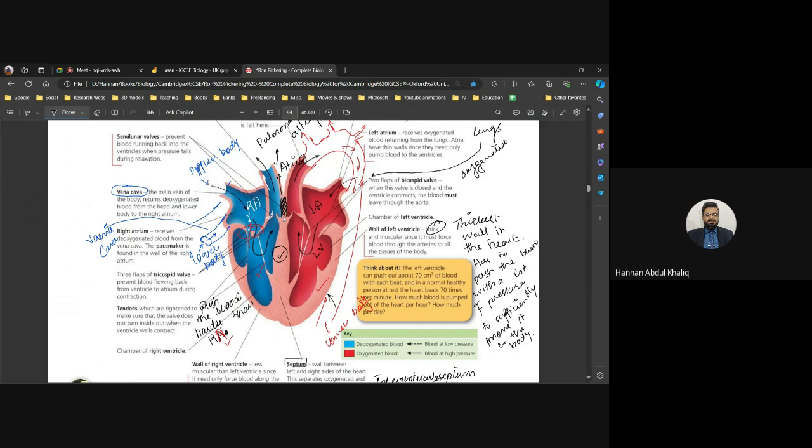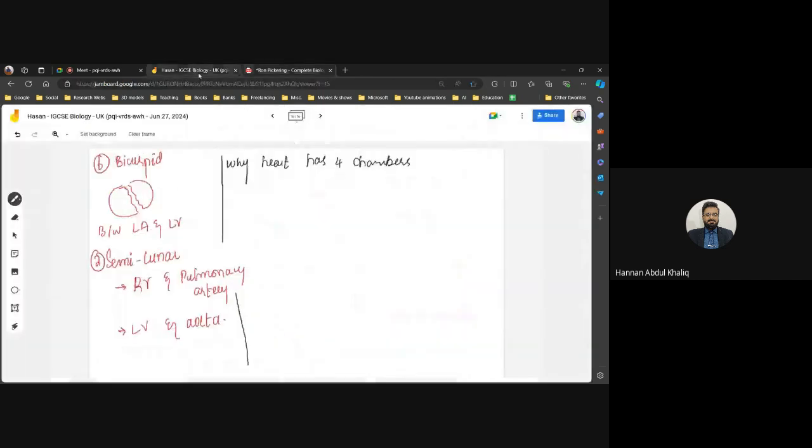Although it is a bit behind, there is a wall, and it separates the blood between the right and left. The purpose is that the interatrial septum and interventricular septum separate the oxygenated and deoxygenated blood.